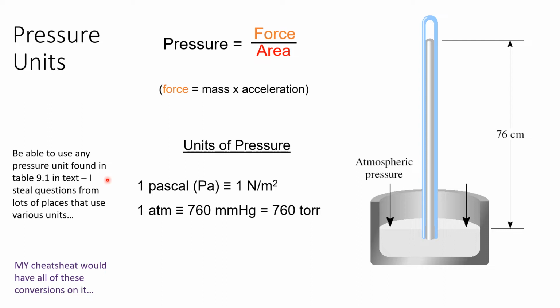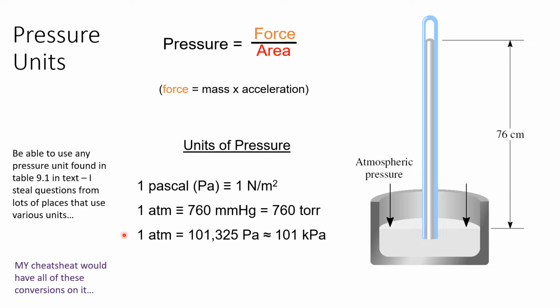So if you hear somebody say about the mercury going up or down, that's what they're talking about, the pressure actually. 760 torr is the same measurement as millimeters of mercury. 1 atmosphere, though, and this is why we don't use the physics ones, because if you're always working in atmospheric pressure, you would always have to use this 101.325 kPa. Well, you could just say, let's just define that as 1 atmosphere. That's what we do usually in chemistry.